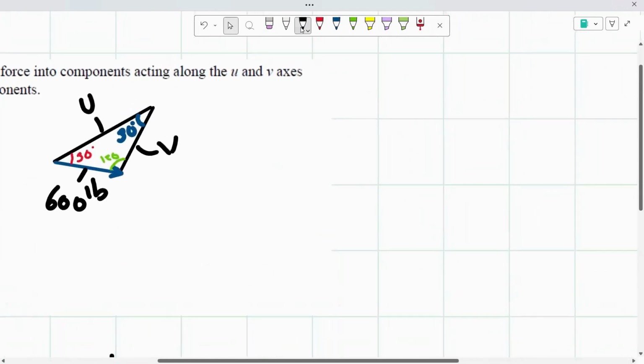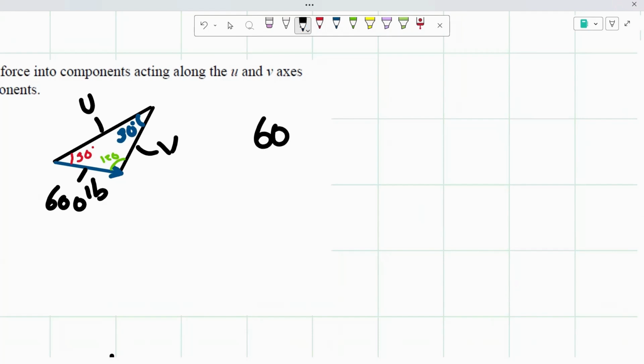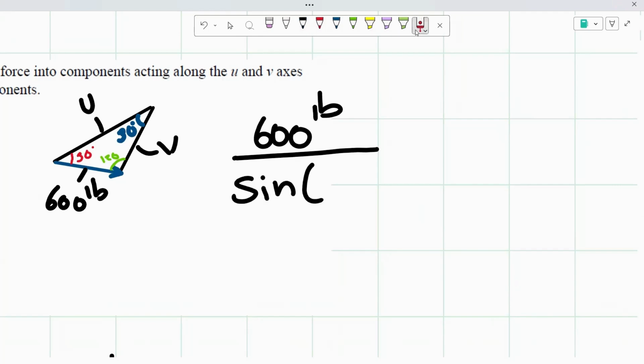So we're going to take our given side, which was 600 pounds, so 600 pounds all over sine of its opposite angle, which is 30, so sine of 30. And then that will equal, we're going to find the U component first.